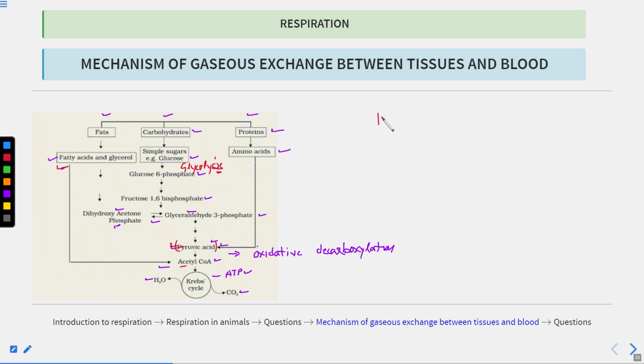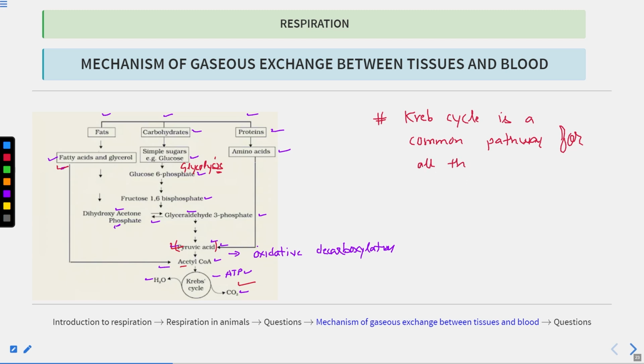So ultimately you can see everything is entering into the Krebs cycle. So the Krebs cycle is a common pathway for all the respiratory substrates. What are the respiratory substrates? Carbohydrates, fats, and proteins.